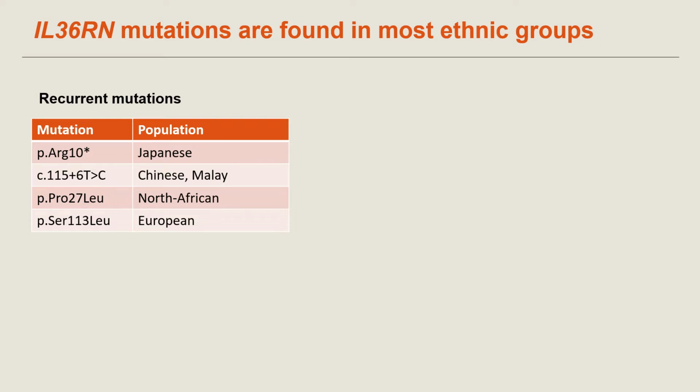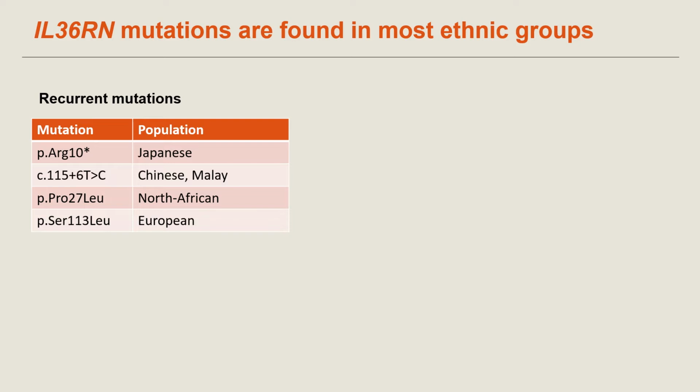In fact, we now know of several founder mutations which originated independently in Europe, North Africa, and East Asia, and which then expanded in those geographical areas and became the dominant mutation in those continents. So, for example, in the European population, this S113L mutation, which you see at the bottom of the panel, is the dominant GPP allele.